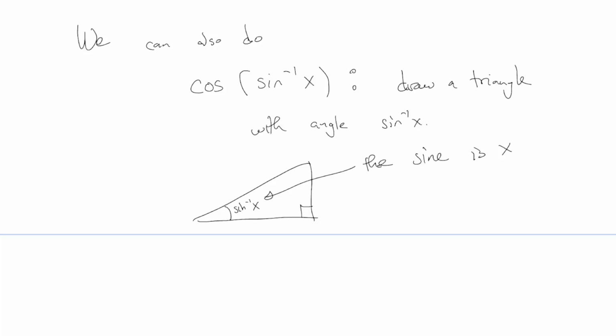The sine is x. Of course, that's the same as x over 1. And the sine is opposite over hypotenuse. So I label the opposite as x and the hypotenuse as 1.